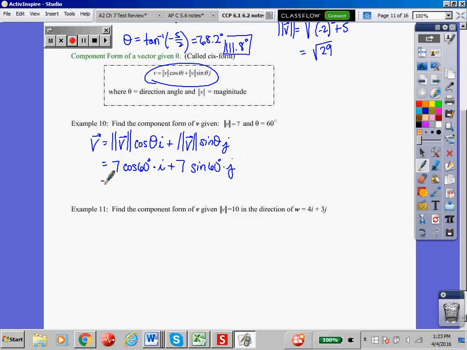What is the cosine of 60 degrees? 1/2. And then the sine of 60 is radical 3 over 2. So this is 7/2 I plus 7 radical 3 over 2 J. So component form is 7/2, comma 7 radical 3 over 2. That's how you convert. I knew once we got to the answer, you'd be like, oh, why are we doing that? Well, this is a way you can convert.